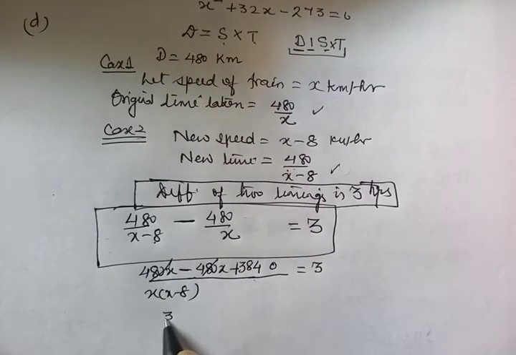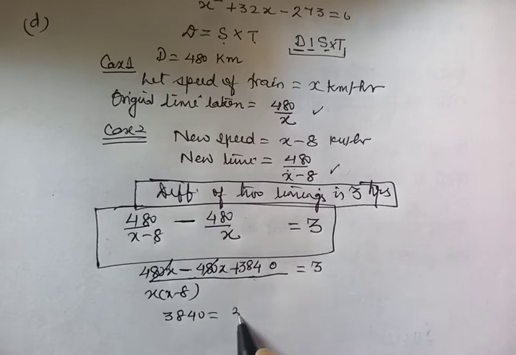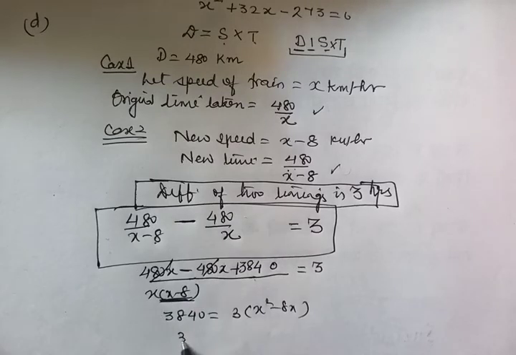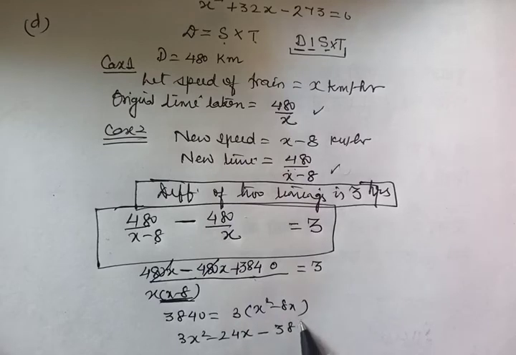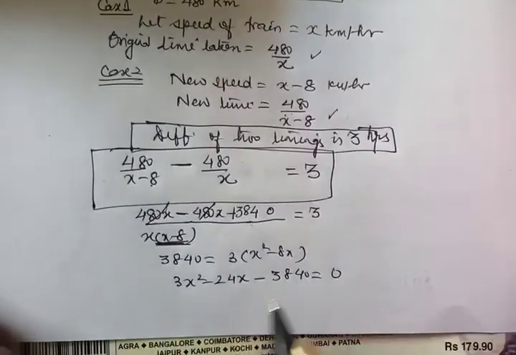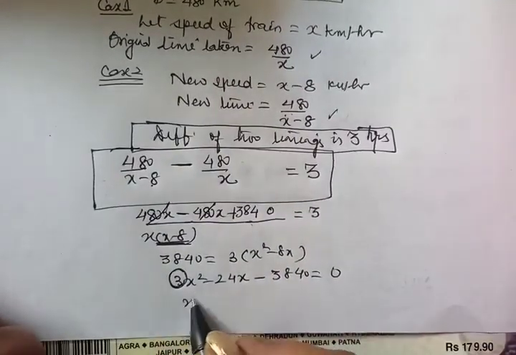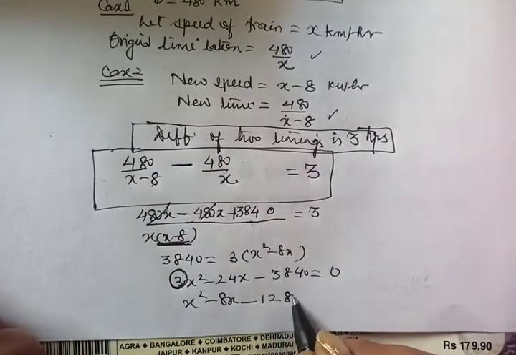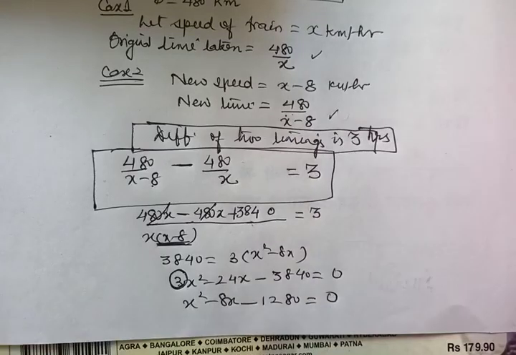You get 3840 is equal to 3 into x square minus 8x, which you get on multiplying this. So 3x square minus 24x minus 3840 is equal to 0, and further on dividing by 3 throughout I get x square minus 8x minus 1280 is equal to 0, right.